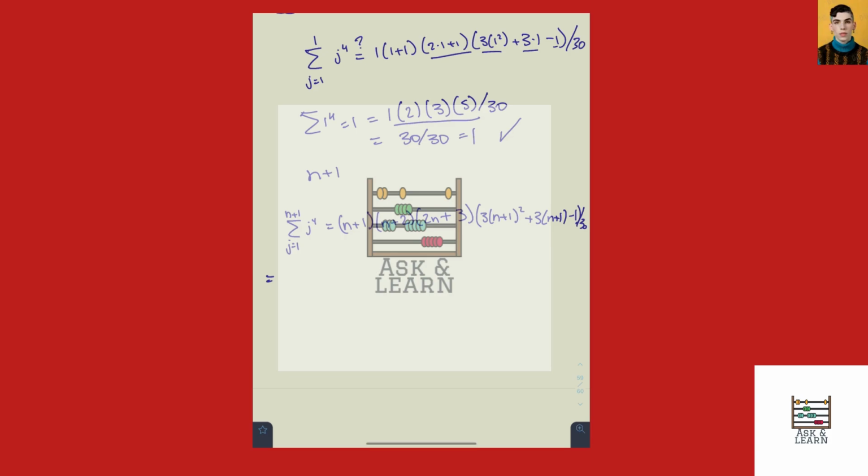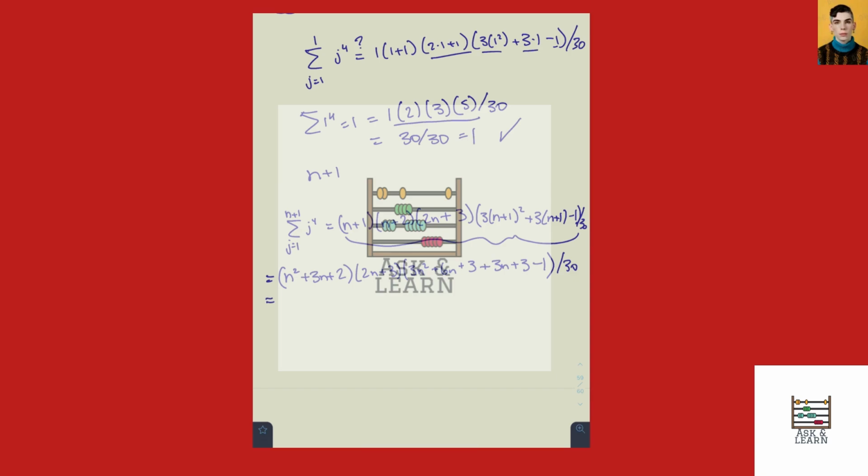So this right here is going to be n squared plus 3n plus 2 times 2n plus 3 times 3n squared plus 6n plus 3 plus 3n plus 3 minus 1 all over 30.